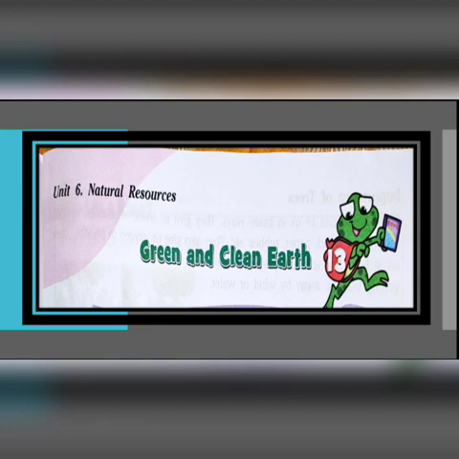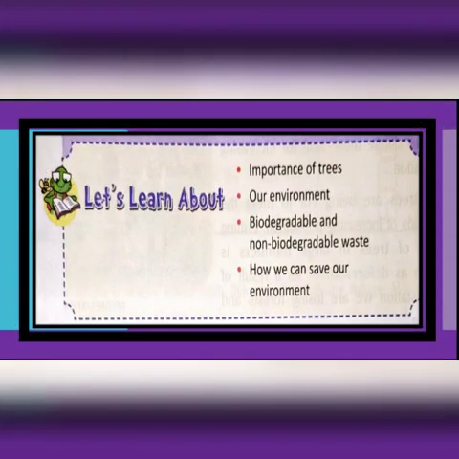From the name of the chapter, we can say that in this chapter, we will learn about how to keep the earth clean and green. Here, let us see what is given in the Let's Learn About part.